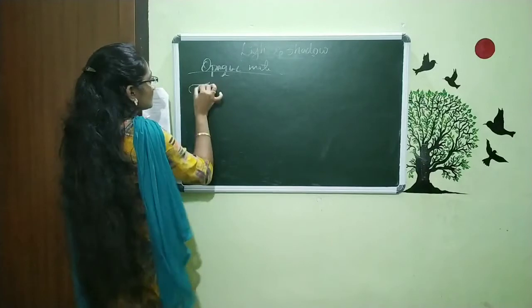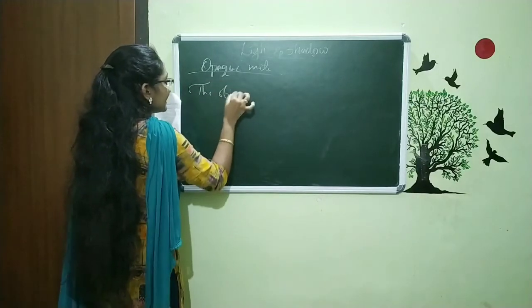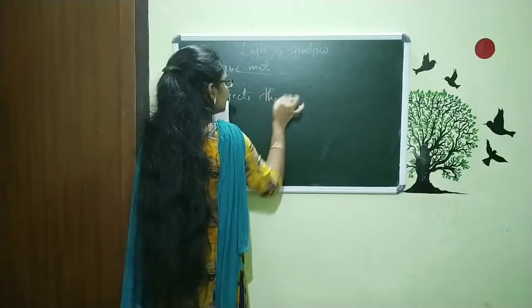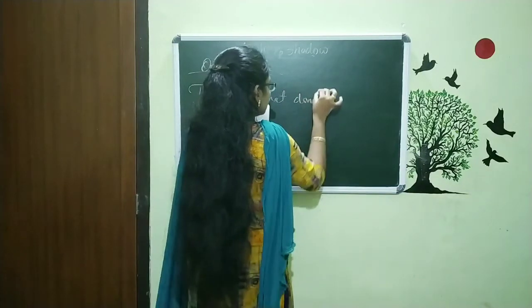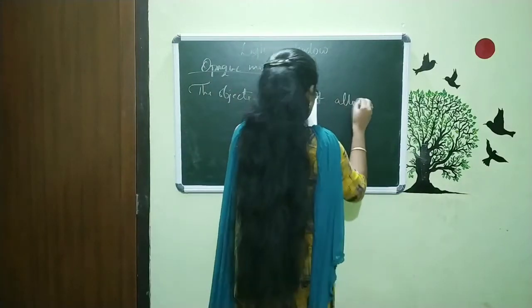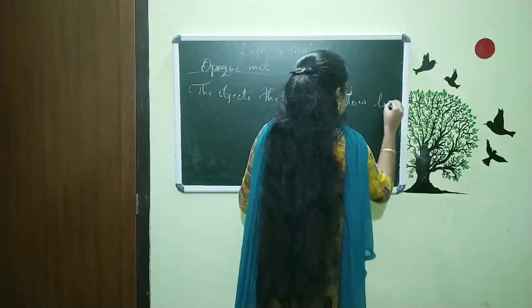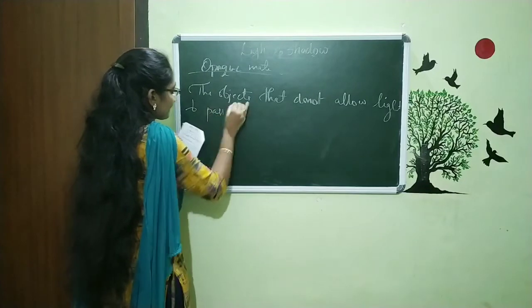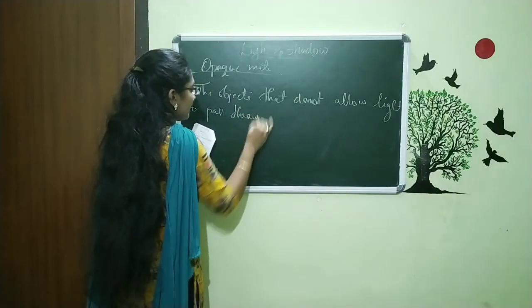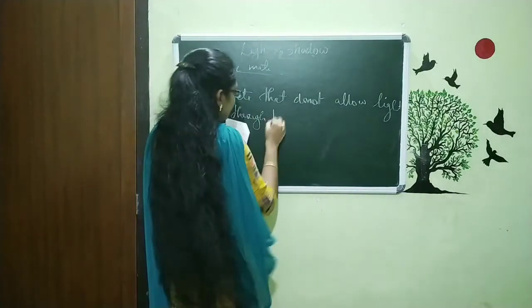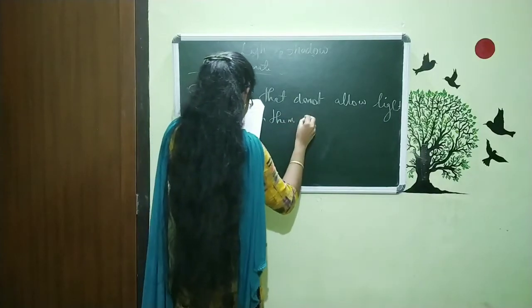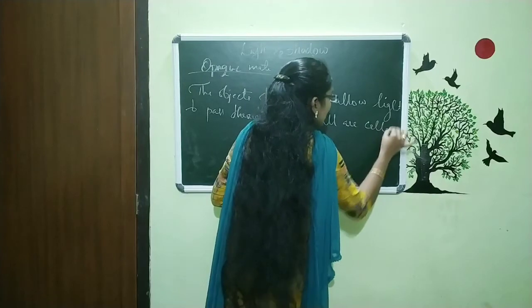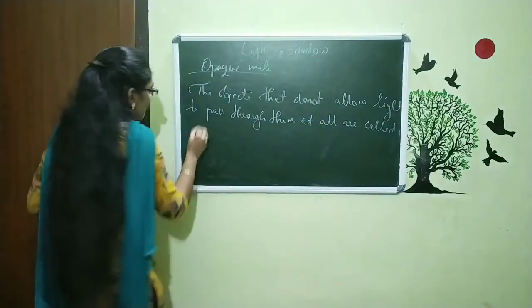So the objects that do not allow light to pass through them at all are called opaque objects.